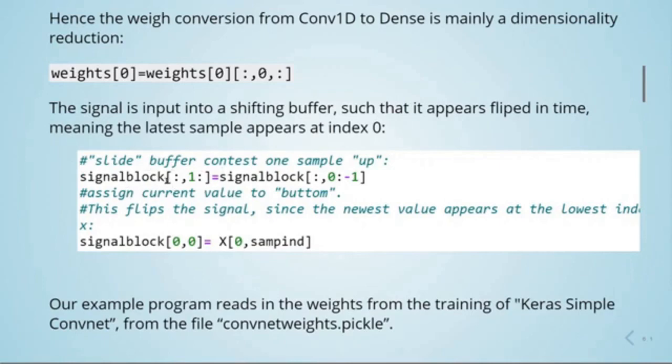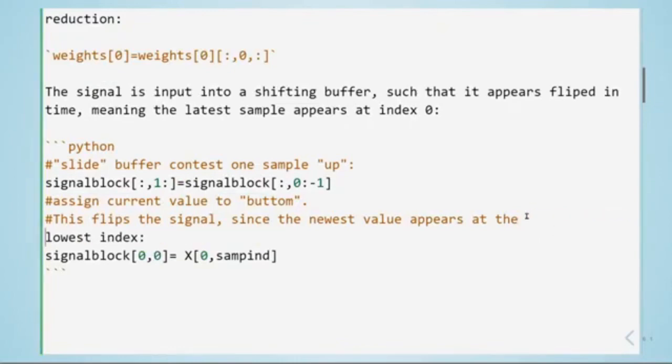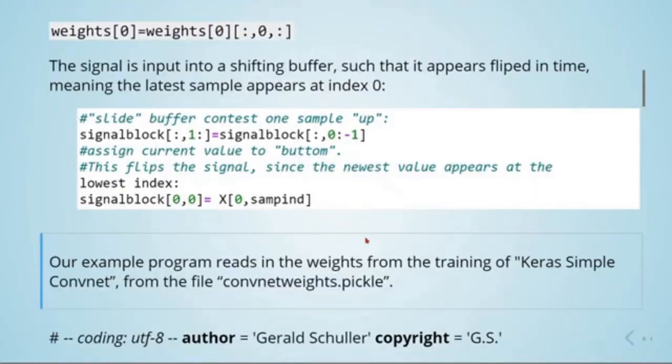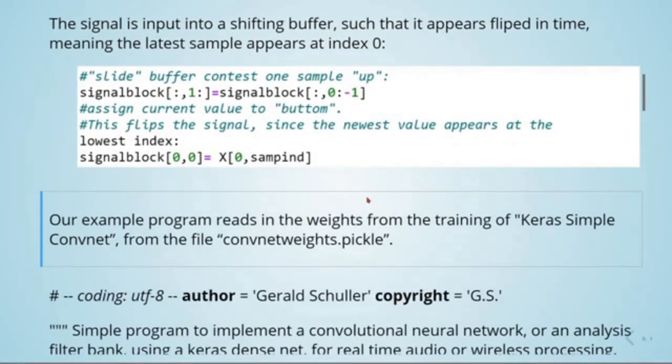This is our signal block. This is dimension 1, and here is 0, -1. So we are putting our signal input into a shifting buffer, and then flip the signal. And since the newest values appear at the lowest index, we have this here, our signal block.